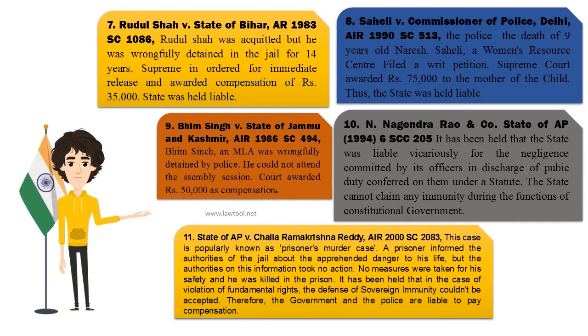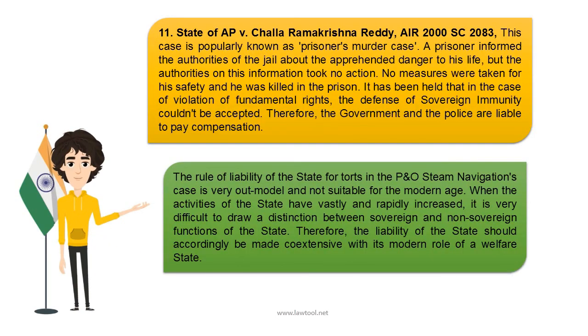10. N. Nagendra Rao & Co. vs. State of AP, 1994 6 SCC 205. It has been held that the state was vicariously liable for the negligence committed by its officers in the discharge of public duty conferred on them under a statute. The state cannot claim any immunity during the functions of a constitutional government. 11. State of AP vs. Challa Ramakrishna Reddy, AIR 2000 SC 2083.